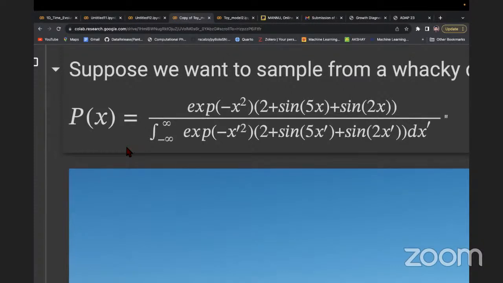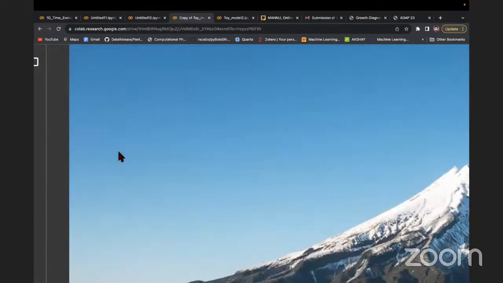And over there I was defining many summations and a lot of things. I just want to simplify it. I want to solve a problem with this PDF, probability distribution function. Have a look, it's not e to the power minus x square; along with that you have some sinusoidal terms as well. So obviously it's not Gaussian. So now you have a distribution which is not Gaussian, and if we plot this distribution, I'll show it to you.